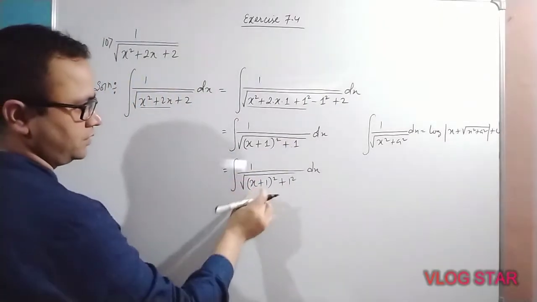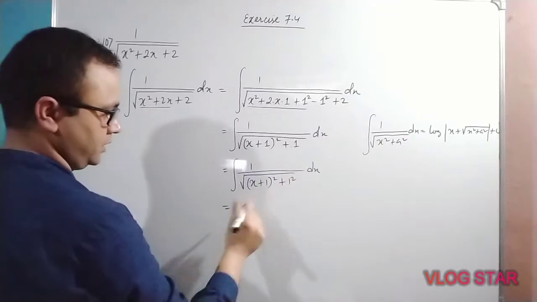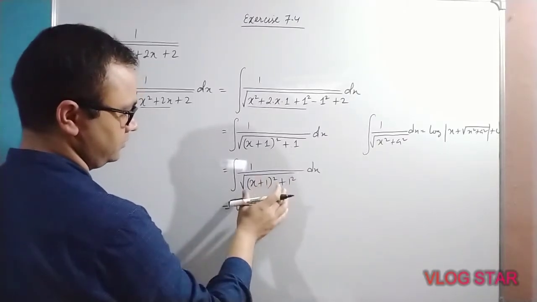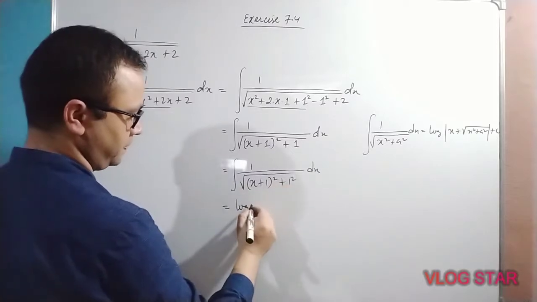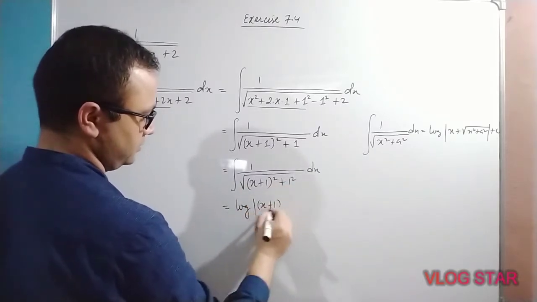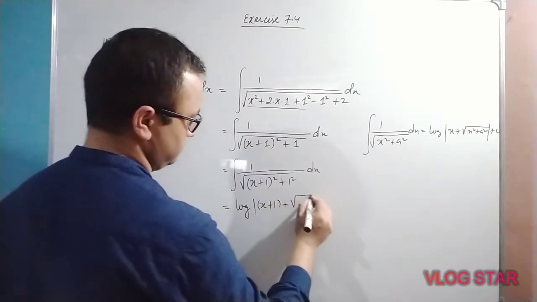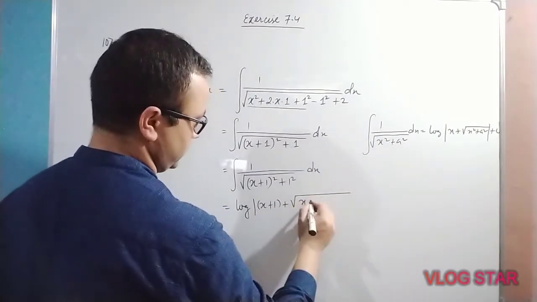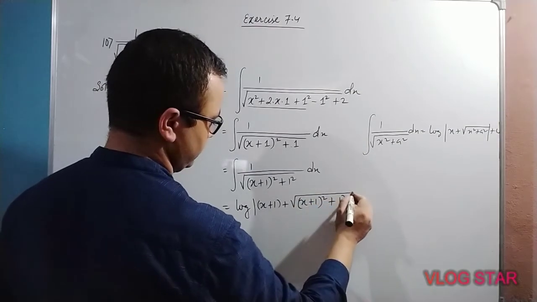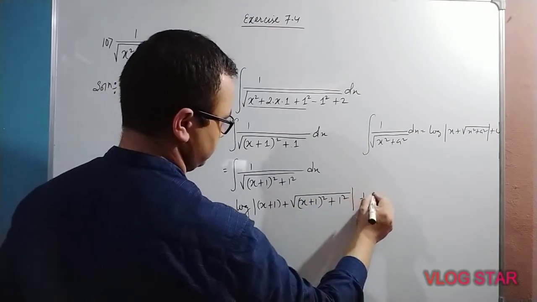The integration of this function is log, it is x plus 1 here, plus root under x plus 1 whole square plus 1 square, plus c.